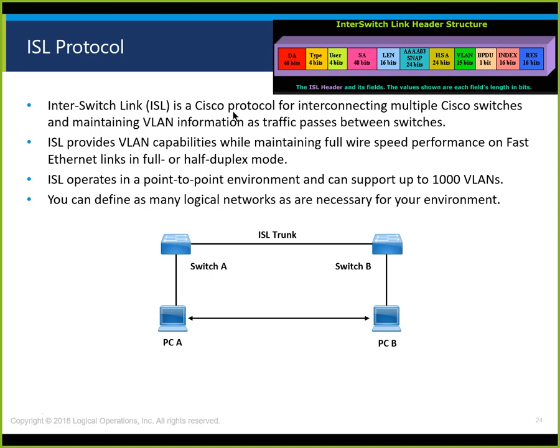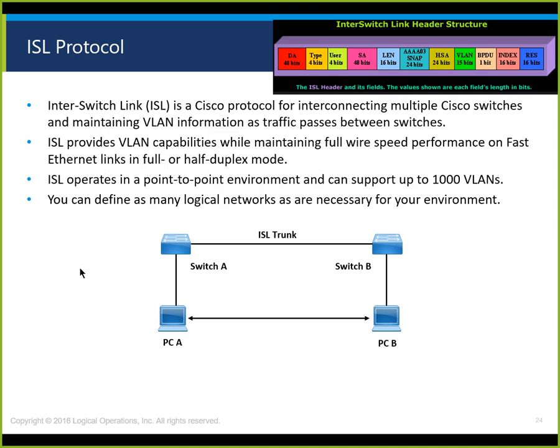But ISL, Cisco proprietary, has the ISL and its headers here. We have 40 bits, 4 bits, 4 bits, 48 bits, and then we get the information in here. But it has a header in it, and it doesn't insert the tag in the middle of the frame like .1Q.